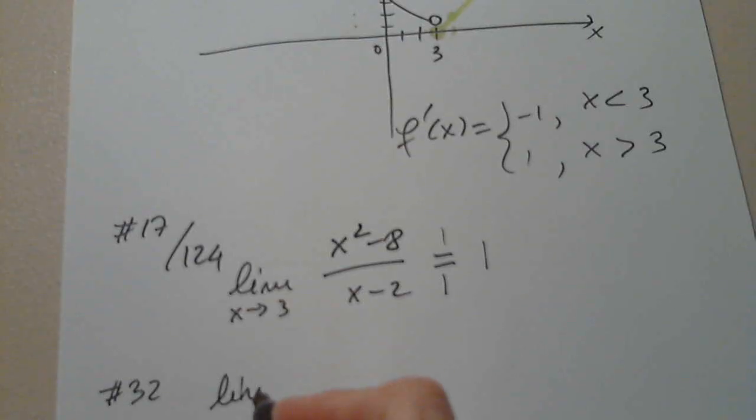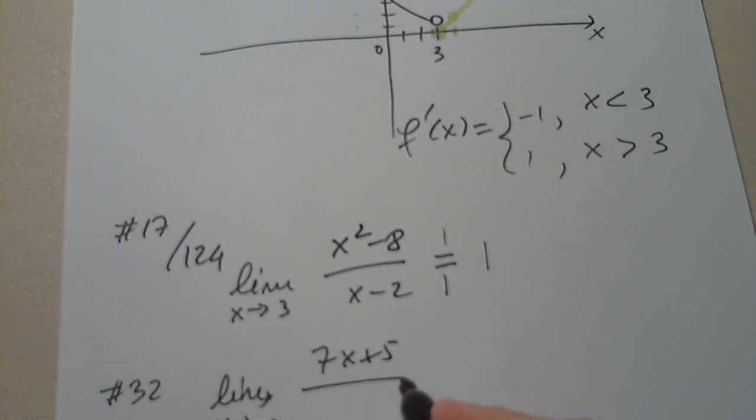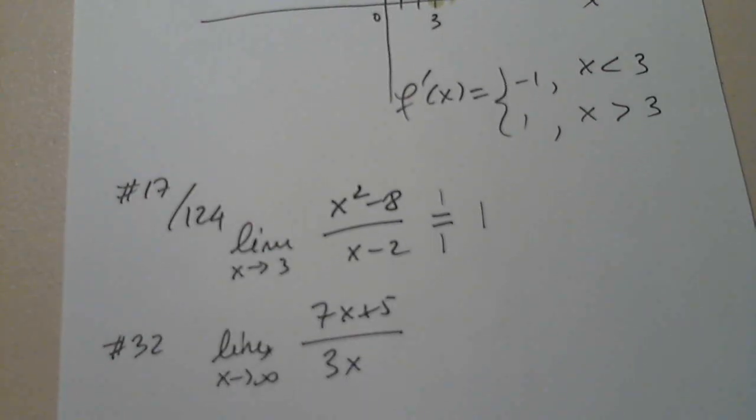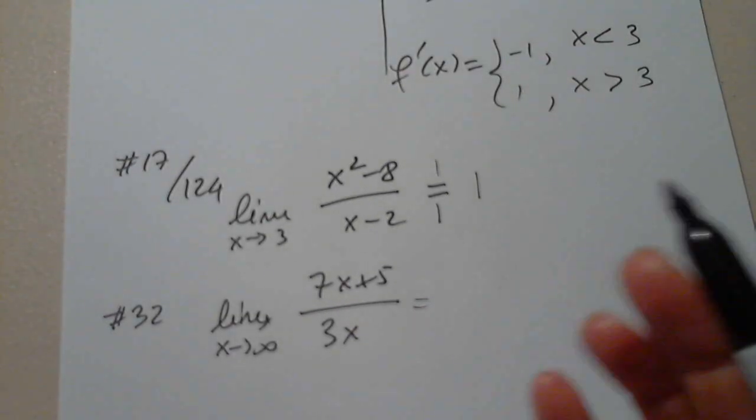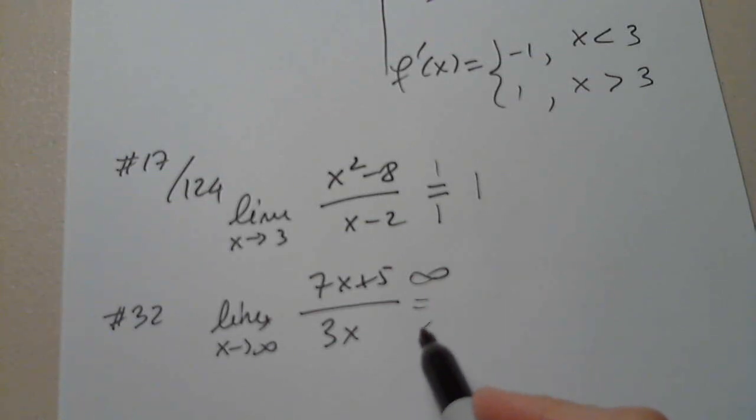In 32, we have the limit as x approaches infinity of 7x plus 5 divided by 3x. So there is a whole technique here. Of course, I have to plug it in, and it's infinity over infinity. If you remember, infinity over infinity and 0 over 0 are situations that have hope.